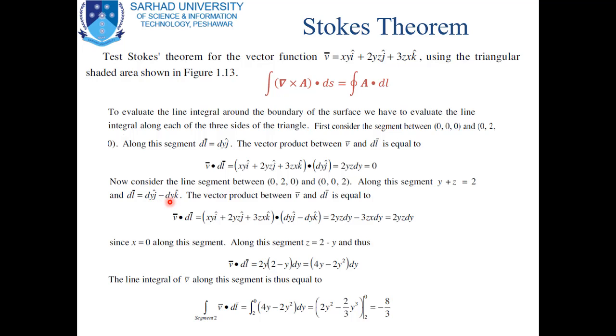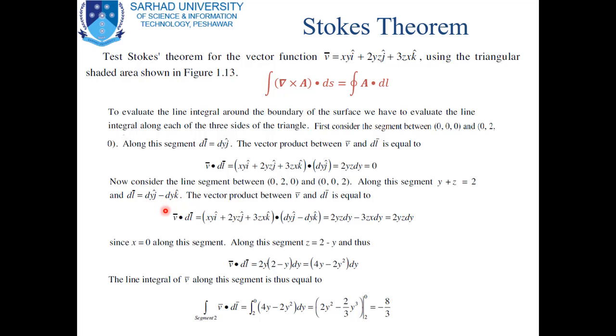As y and z vary in a similar manner, when y decreases, z will increase, or when z increases, y will decrease. So we put a negative sign, but the direction is kept the same. So dy j minus dz k, but here z and y are equal in magnitude and opposite in direction, so we put dy instead of dz with a negative sign.